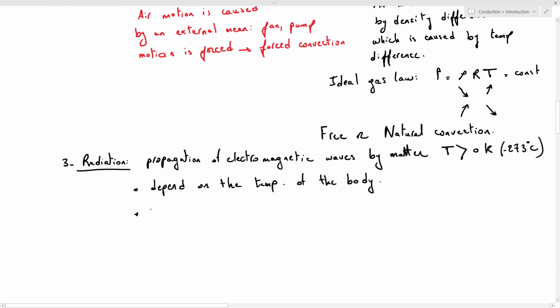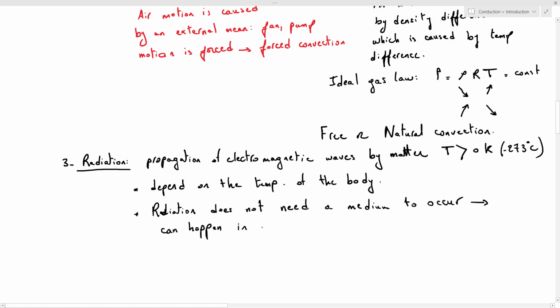However, radiation does not need a medium to occur. It can happen in vacuum.